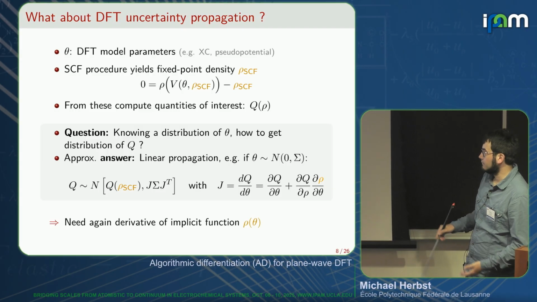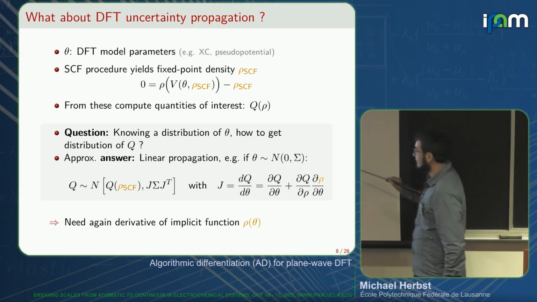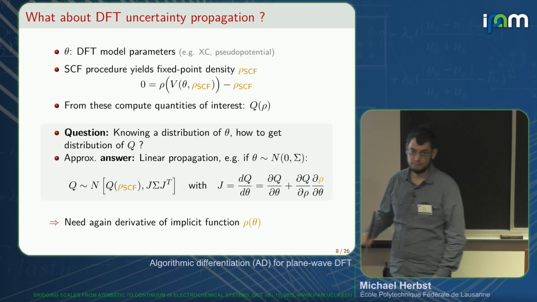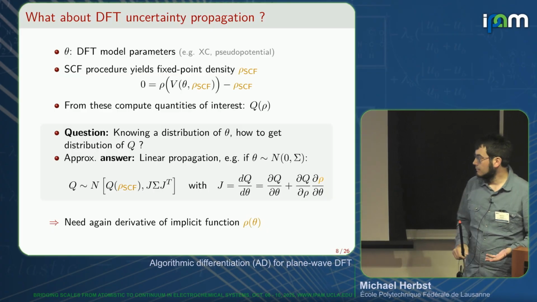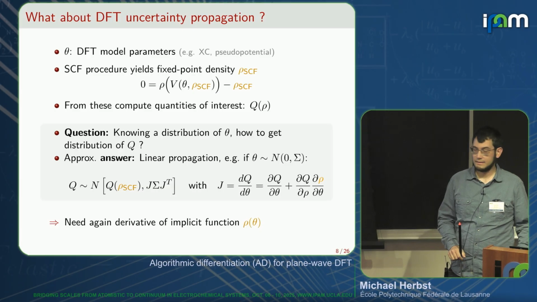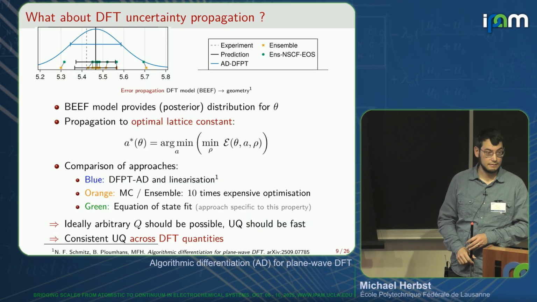And again, this works by applying the chain rule: if I have a Gaussian normal distribution in my parameters, I get a Gaussian normal in the output. So the key point again is, if I'm able to compute these derivatives, I'm able to do this kind of uncertainty quantification, and we did exactly that.